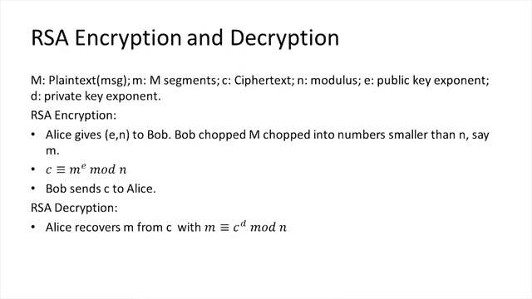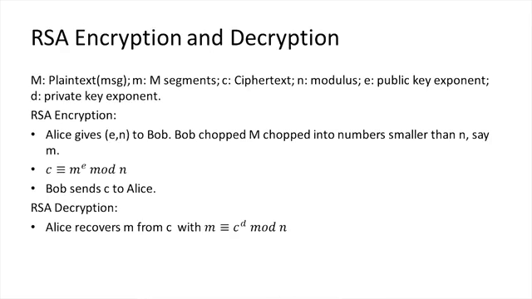So let's look at the encryption process. Let's say Alice first gives out the public key e and n tuple to Bob. Bob then chops the message he wants to send to Alice into small chunks, each of them a number smaller than n, the modulus. Let's represent that small chunk as lowercase m.